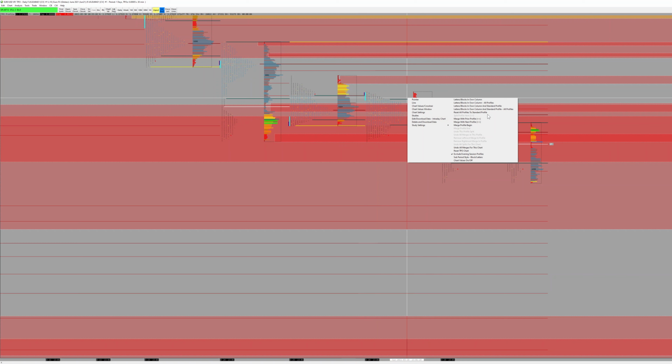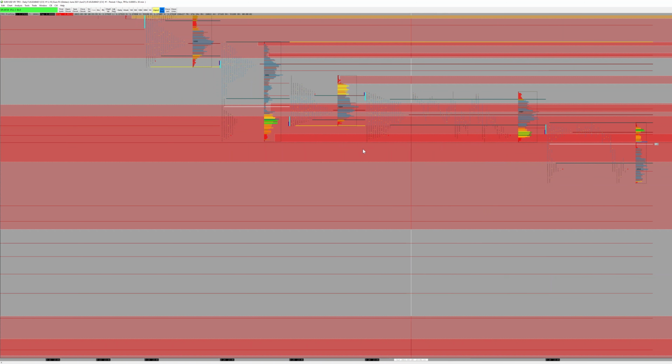I didn't know what was going to happen during the day, but what I knew is we had an inside session here, inside the previous session, and as we broke that session on the downside, my first initial target was the lowest point, or actually there's a ledge here, but it was the lowest point of that engulfing session.